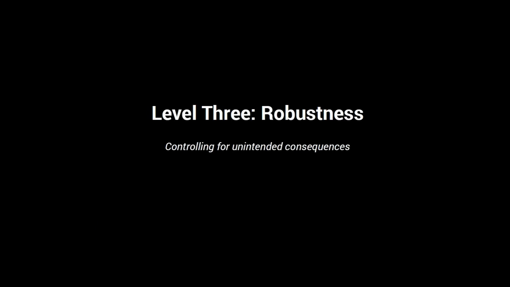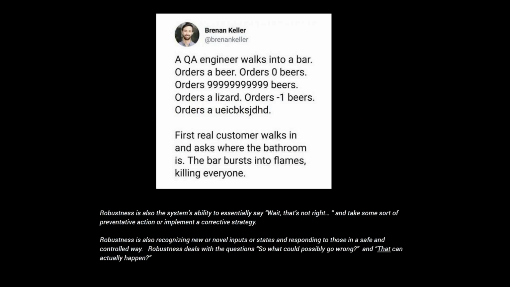Robustness is also a bit of a problem. As you can see, Tay had unintended consequences, became a racist, homophobic, misogynist, and had genocidal and psychopathic tendencies. So, oops, we didn't intend for that to happen. And this is summarized in one of these great memes that came out, from this fellow Brennan Keller, who said, correctness: a QA engineer walks into a bar, orders a beer, orders 0 beer, standard test case modeling, orders 999 beer, orders -1 beer, orders a lizard.